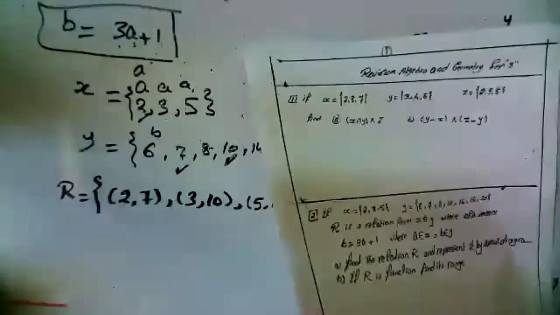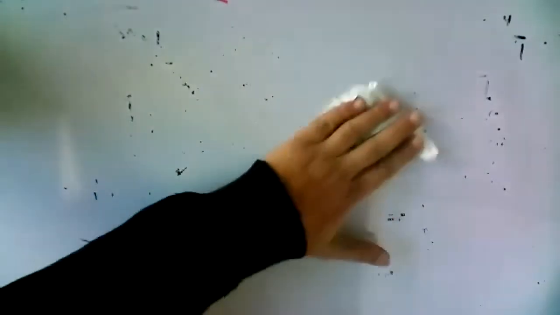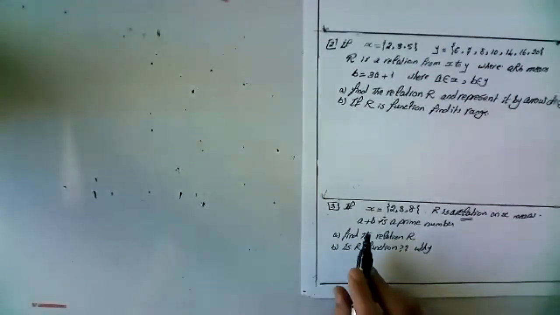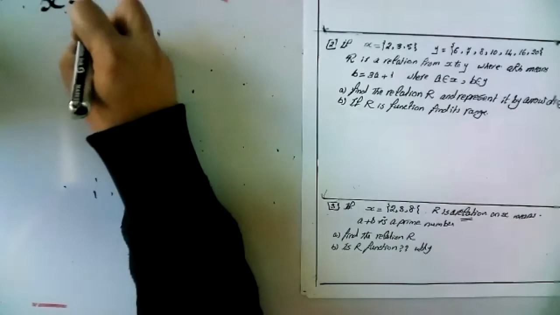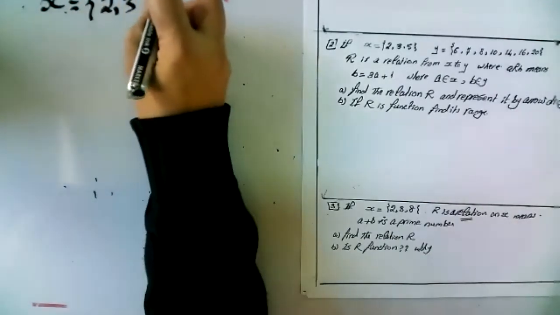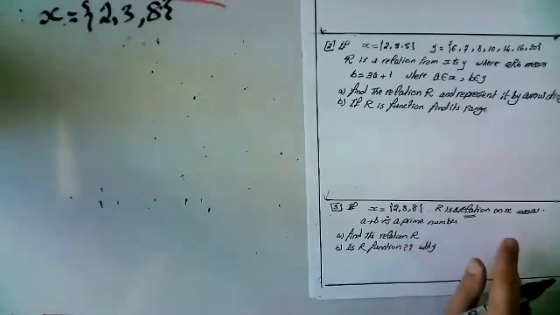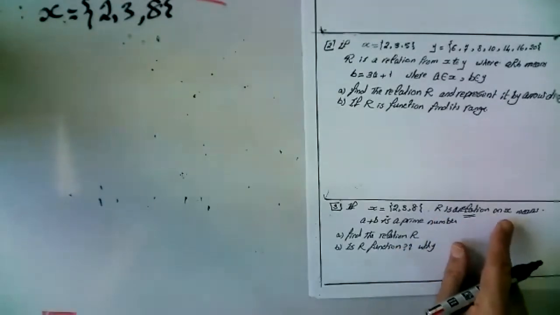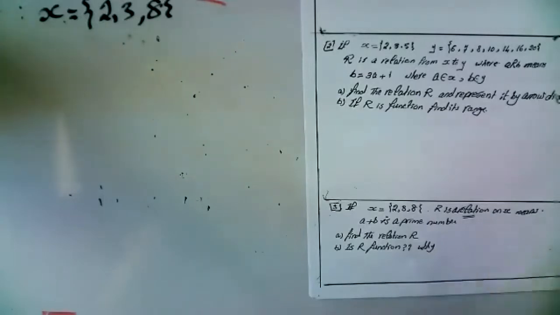The third question. X equals {2, 3, 8}, and R is a relation on X. We have only one set X, and the relation is between the elements of the set X only.